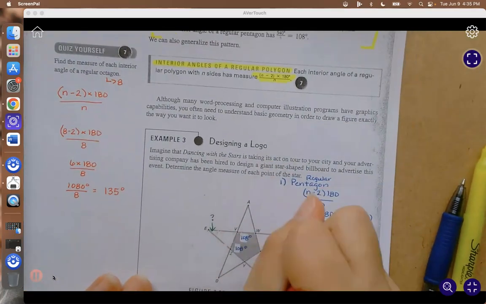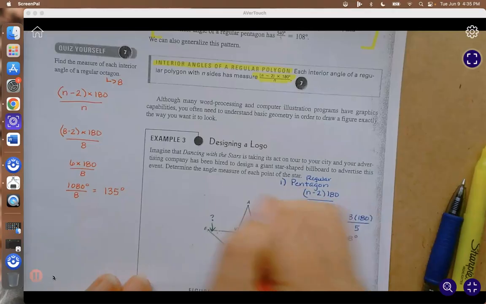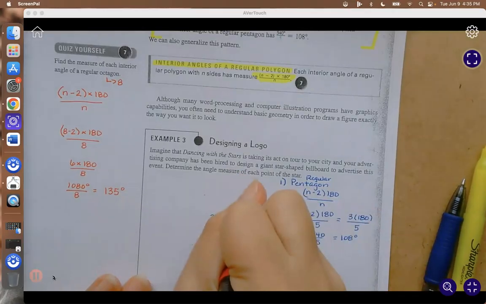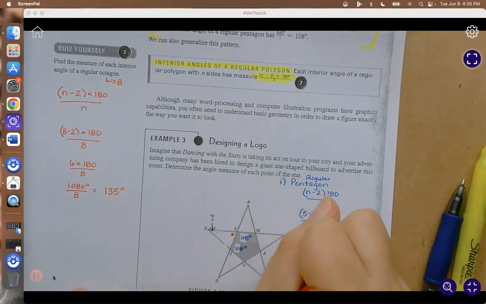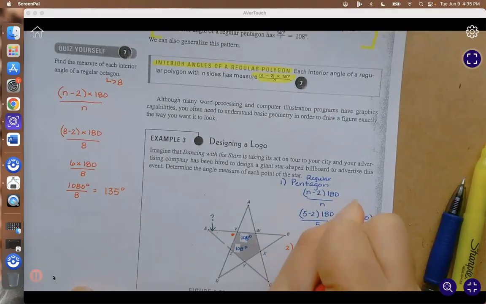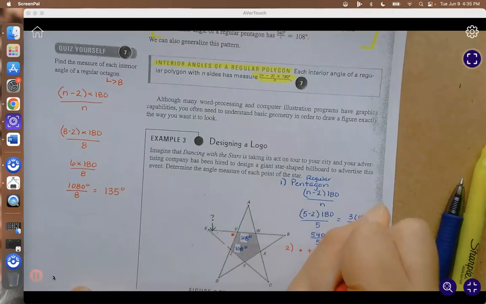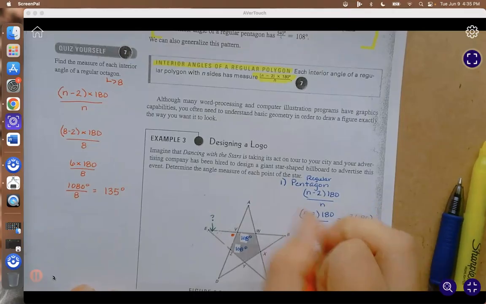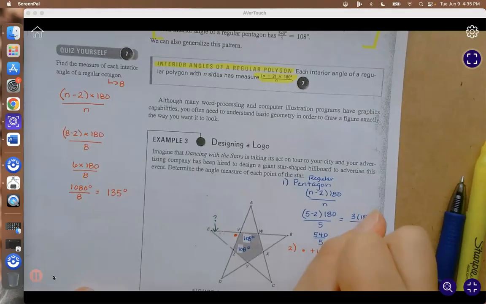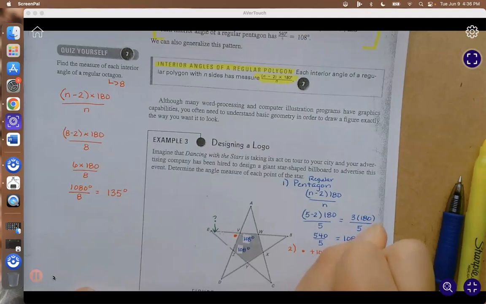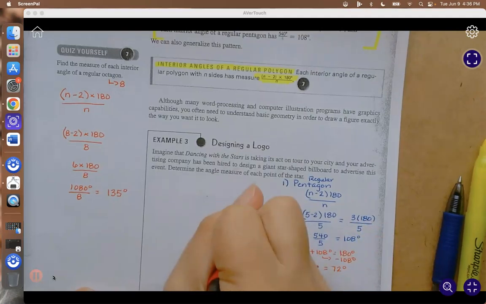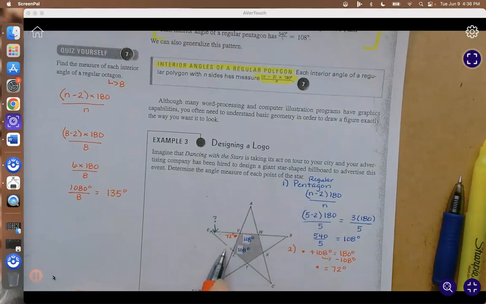So step 2, to find this little point right here, I do that point plus 108 equals 180 degrees. So when I subtract 108 to the other side, that angle is 72. This is going to be the same.